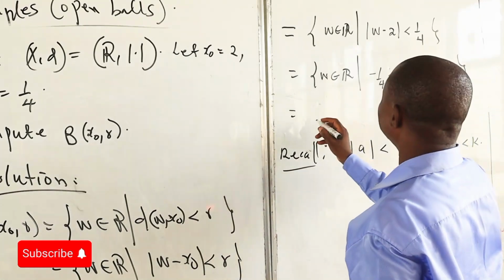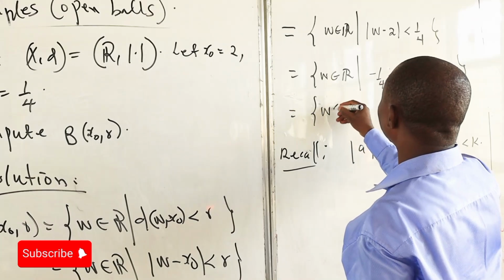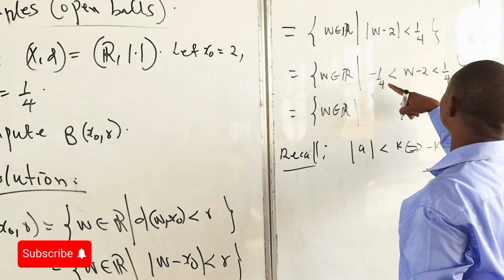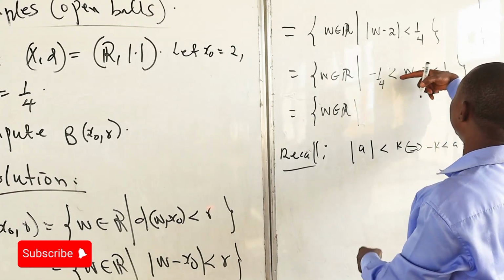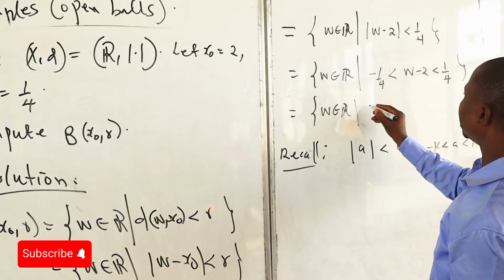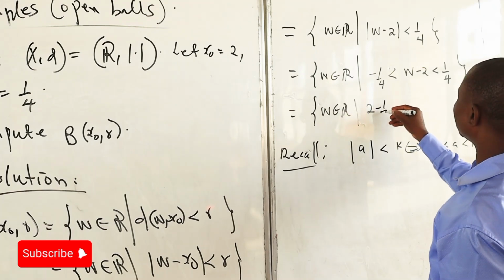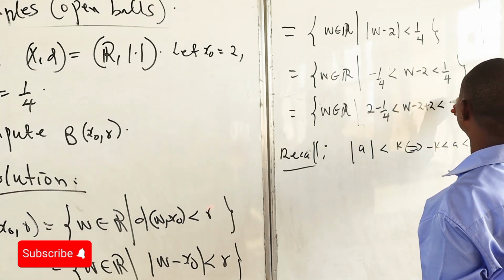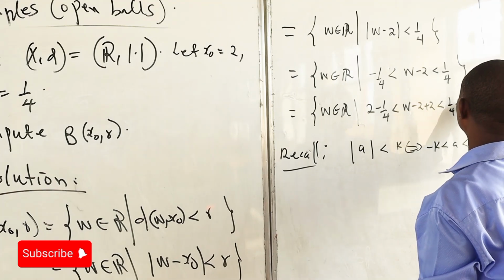Then again, this is the same as all w in R such that I want to make w the subject of this inequality. Therefore, I have to add 2 to all the sides of the inequality. So if I do that, I get 2 minus 1/4 is less than w minus 2 plus 2, and this is less than 1/4 plus 2.